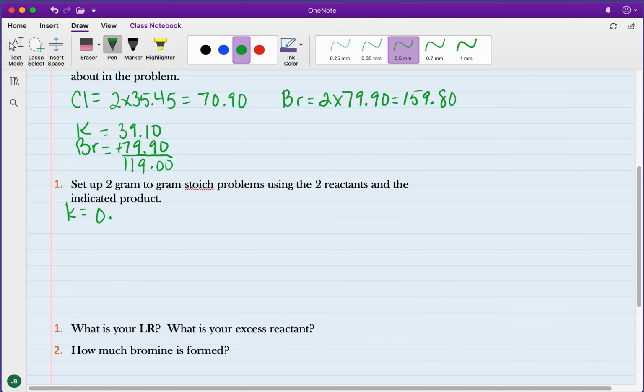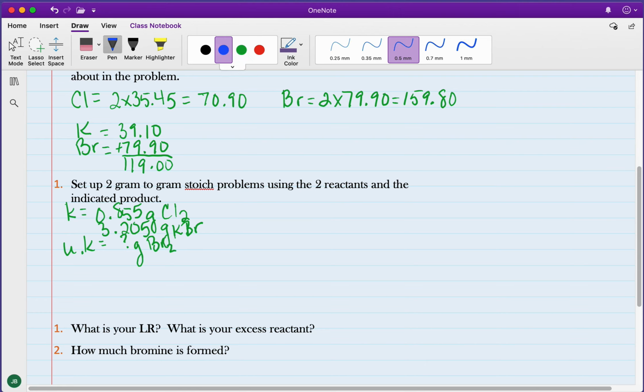We have 0.855 grams of chlorine, and we also have 3.205 grams of potassium bromide. And what are we solving for in this problem? We're solving for how many grams of bromine can be produced.